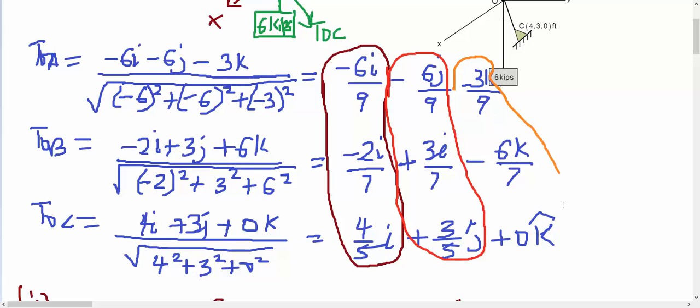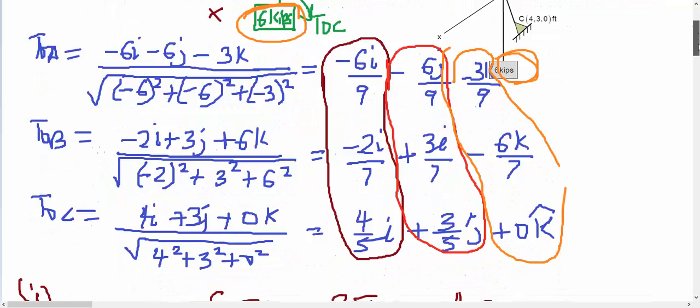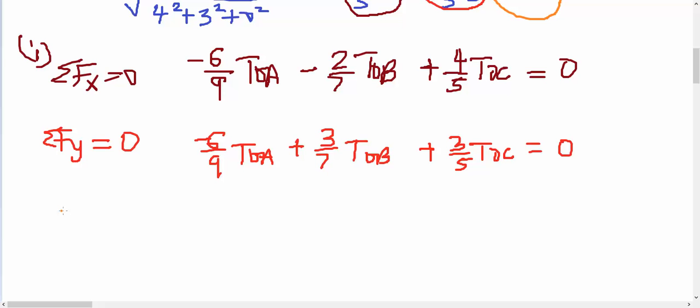And then for the last one, we have the sum of forces in the z direction. So all of this. And not to forget, there's also a force going straight down right here, 6 kips. Since it's going down, that should be negative 6 kips. So the third equation will be sum of forces in the z direction equal to 0.